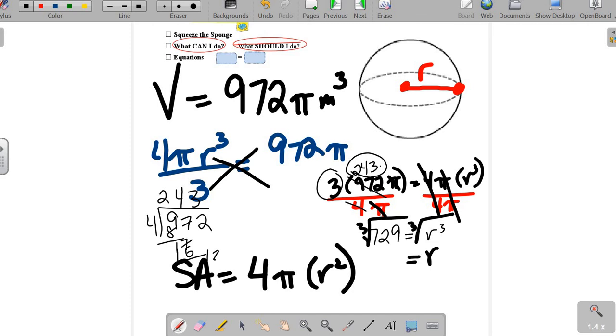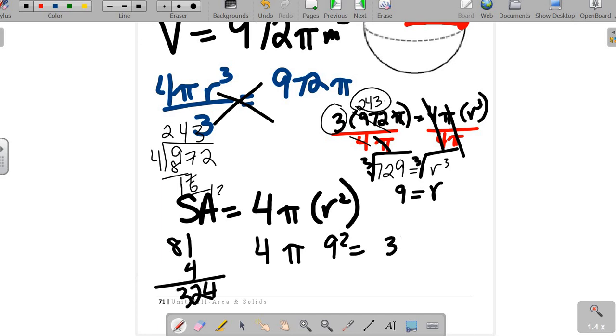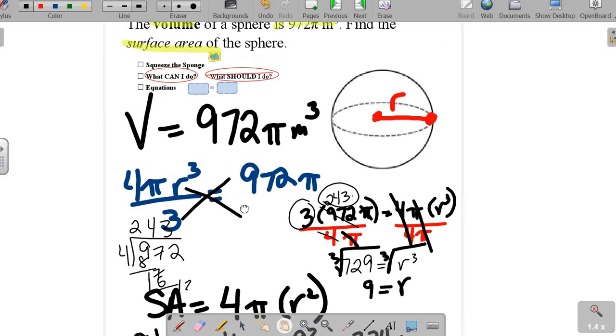Now we just come down here, and we have 9 squared, 4 pi. That's going to be 81 times 4. Ta-da! Your surface area is 324 pi. What were your units?